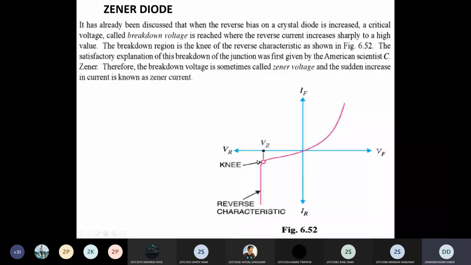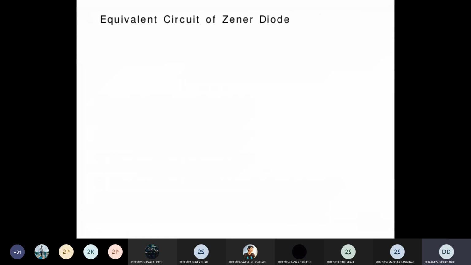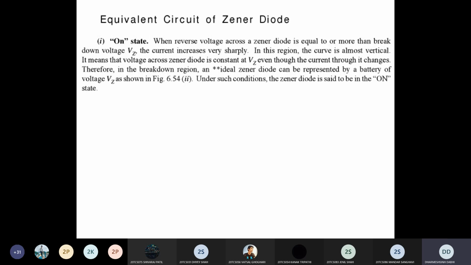This line is exactly vertical, but you can see the voltage remains constant as the current increases. So in this region, we can say that your Zener diode is in the on condition. Therefore, in the breakdown region, an ideal Zener diode can be represented as a battery of voltage Vz.